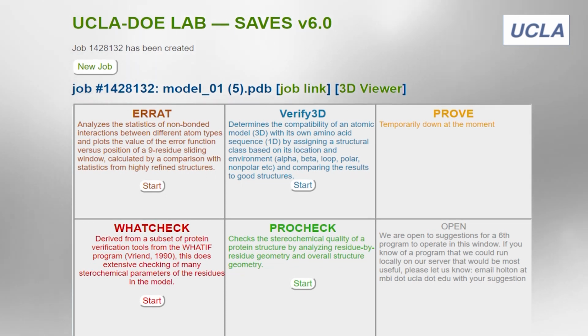Understanding the result gives us a clear picture of model validation, which is very good to represent in your papers for significant publication. The very first one is ERRAT, second is Verify 3D. Probe showed that the server was not working when we started working on this protein. The fourth one is Procheck, which we will cover in another lecture also, and the final and important one is Procheck, which obeys the Ramachandran plot.